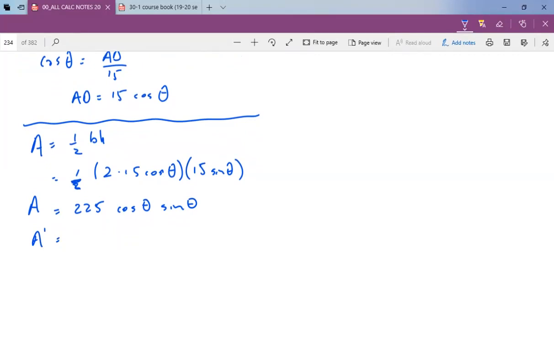We now need our derivatives of trig functions, and we're going to use the product rule. So this ends up being 225, the derivative of cosine is negative sine theta, sine theta stays there. And because it's the product rule, we're going to add 225.